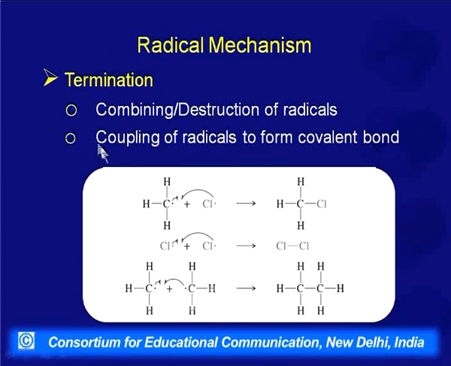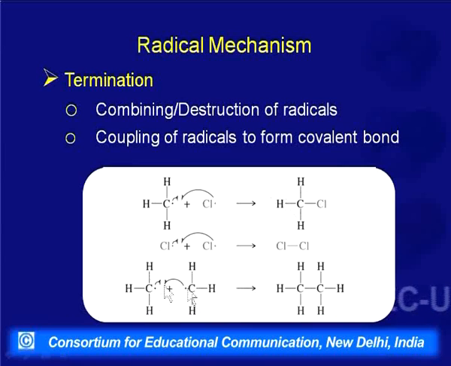So, what is happening is coupling of radicals to form a covalent bond. So, we had a methyl radical and we had a chlorine radical. As a result, when these two radicals combine, they form a covalent bond and thus form methyl chloride.